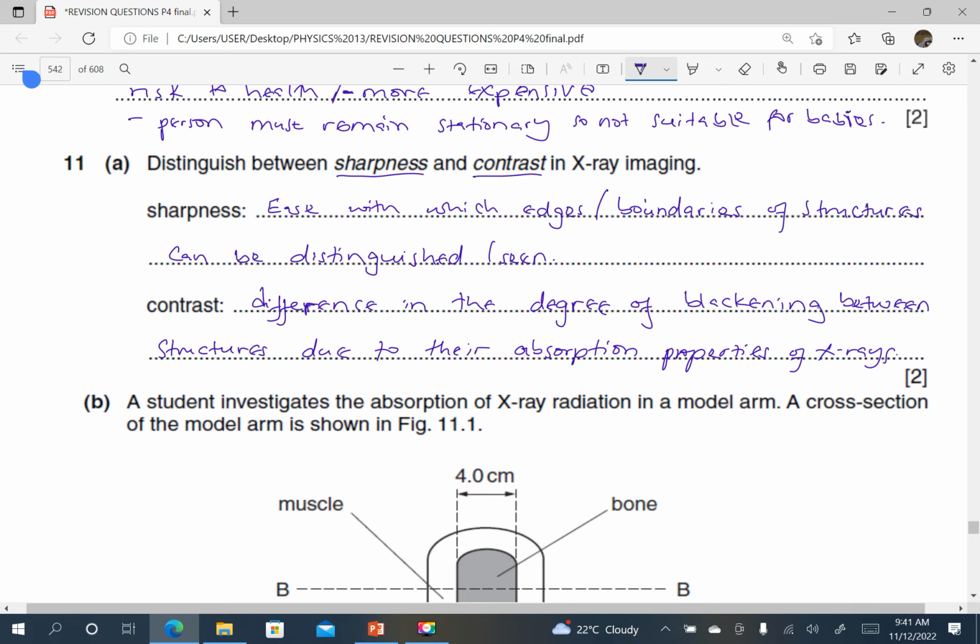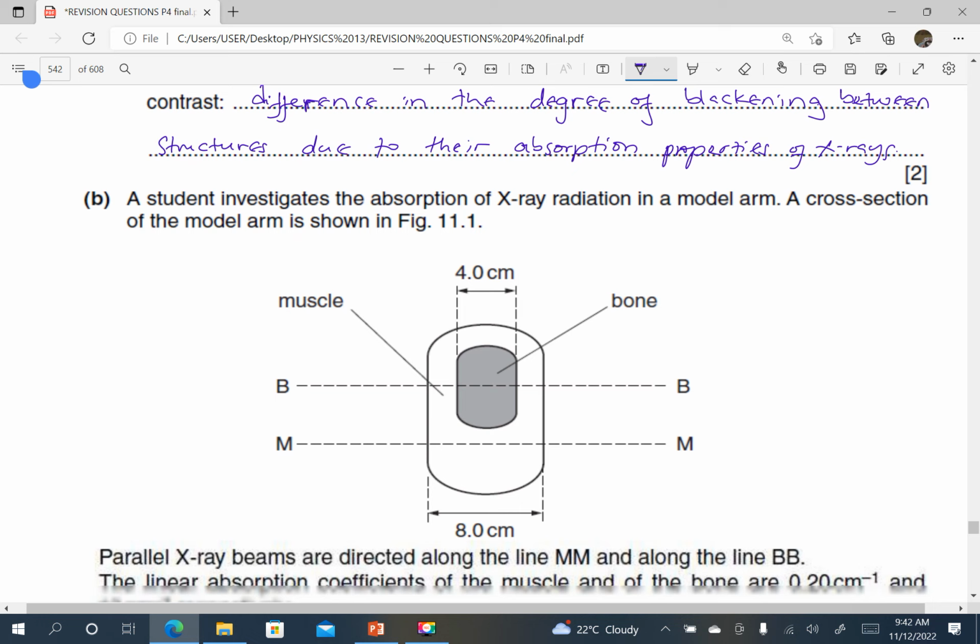That is contrast. Of course, we said bone and muscle have a good contrast because bone is a good absorbent, or has better absorption properties of X-rays compared to its surroundings.